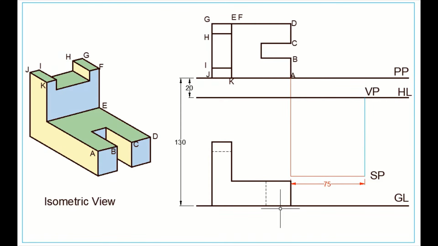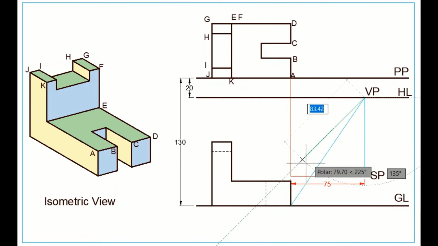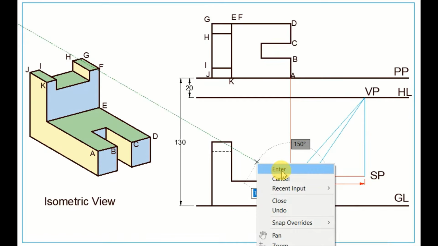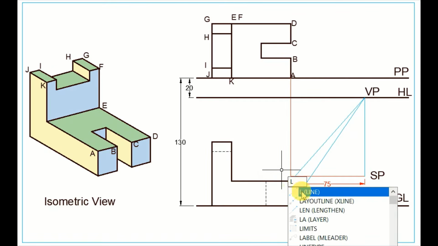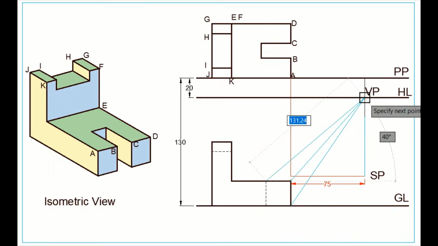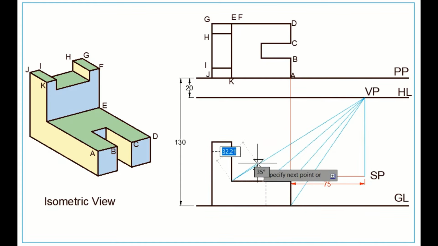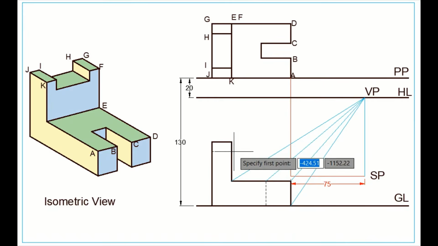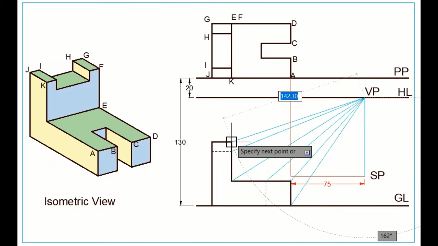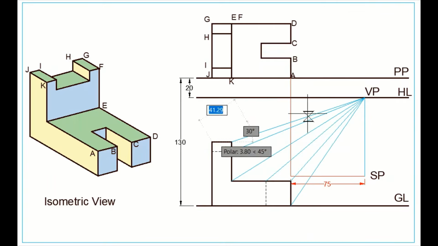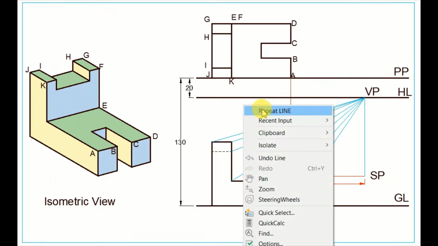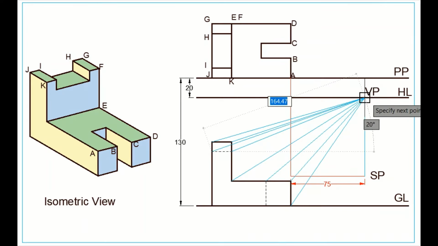Now we simply have to connect all the vertices that we see in the front view here with this vanishing point. So starting with this point, let us connect it with the vanishing point, then the second point, then we go ahead with the same process and we simply connect all these vertices with the vanishing point like this, and so on.